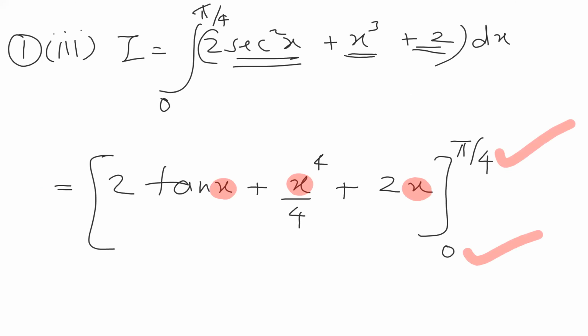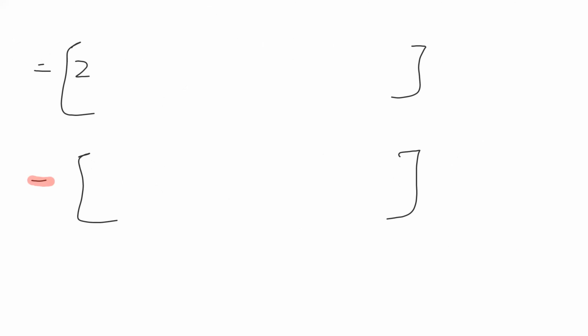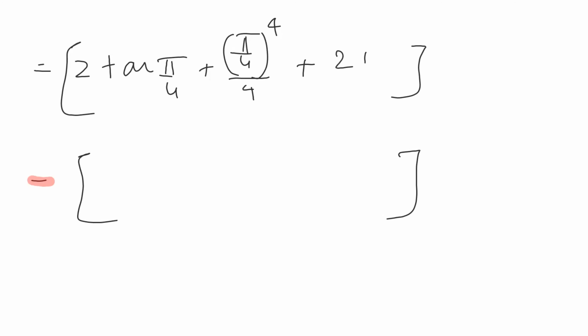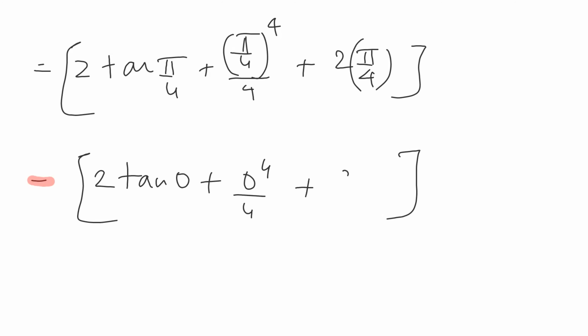So let's start. 2 tan pi by 4 plus pi by 4 raised to 4 upon 4 plus 2 into pi by 4. Next bracket, 2 tan 0 plus 0 raised to 4 upon 4 plus 2 into 0. So wherever there is x, I am putting the lower limit.